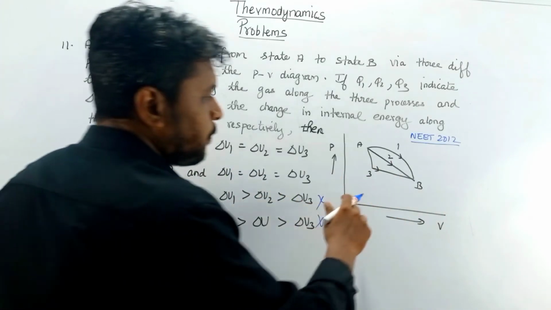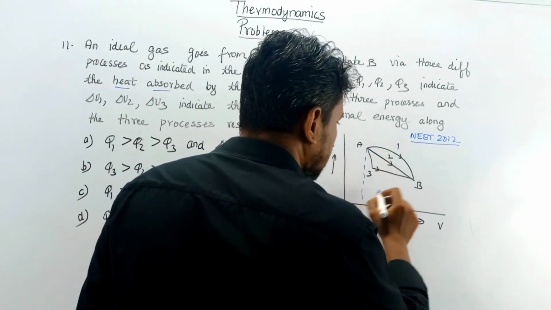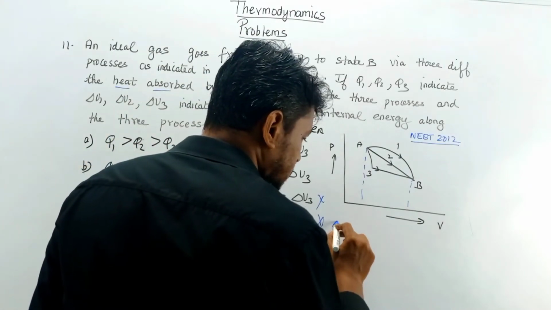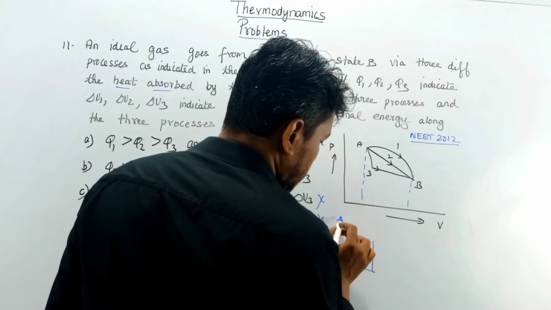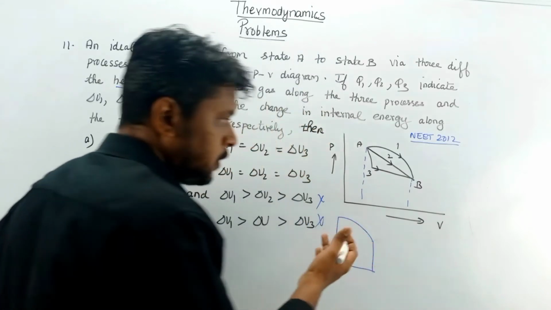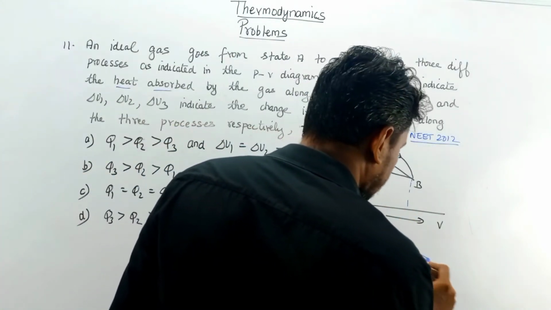Now what is the value of work done here? It is the area enclosed by these curves. The first one will be like this, so this is the area enclosed. For the second one, this is the area enclosed. For the third one, this is the area enclosed.